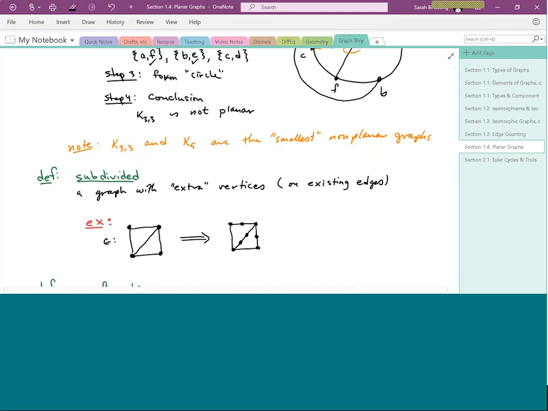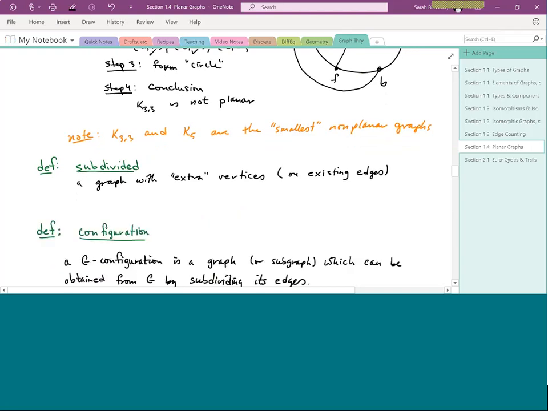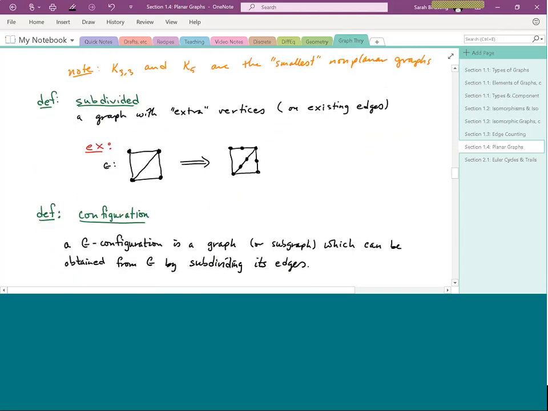And that something is called a configuration. So a G configuration, G is actually the name of the graph that you started with. Okay? So a G configuration is a graph, or if you prefer a subgraph, which can be obtained from the original graph G by subdividing its edges.